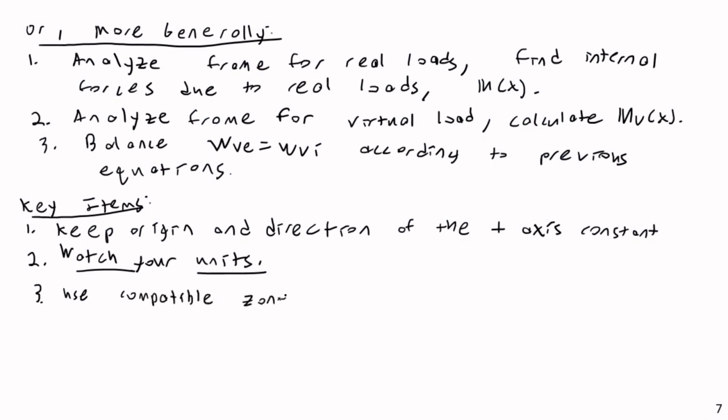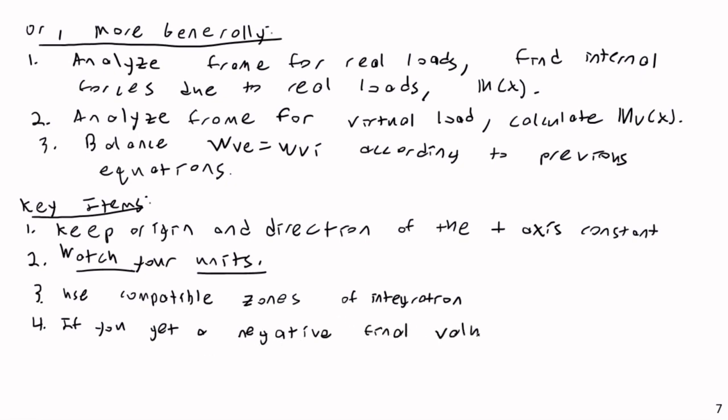Zones of integration, and again, as we've discussed previously, then for the negative: if you get a negative value, and this is especially possible with frames because they can often deform in ways that are less intuitive, a negative final value for deflection, what does that mean?